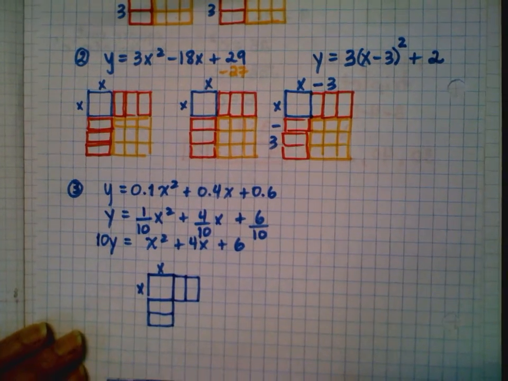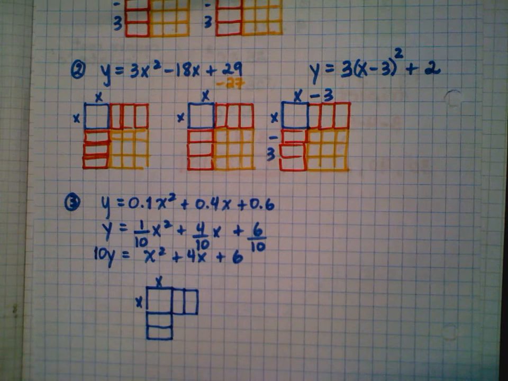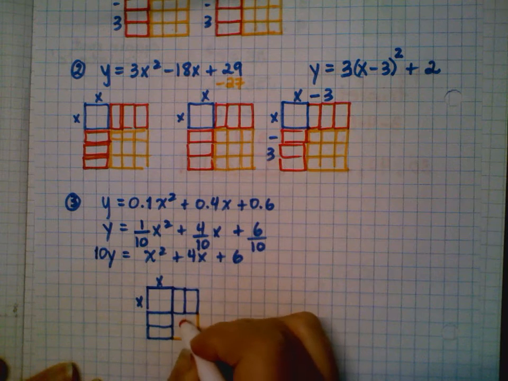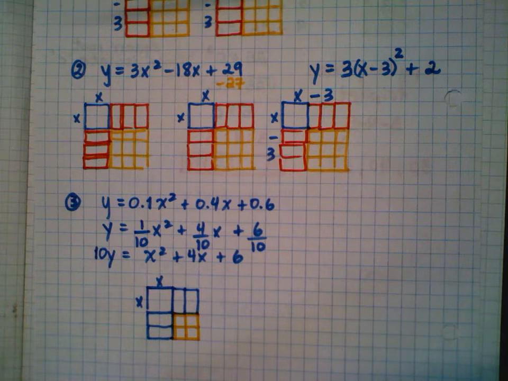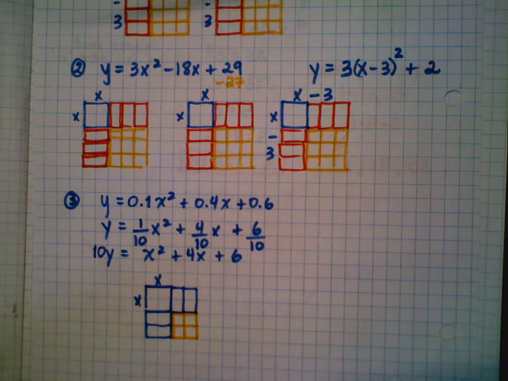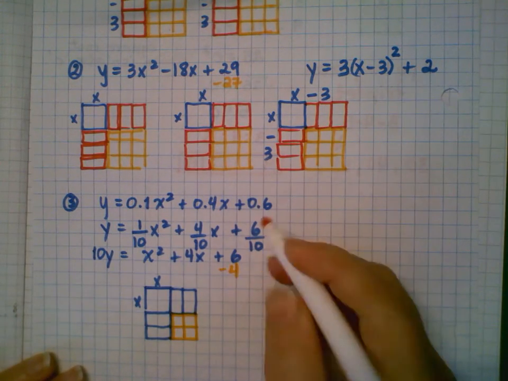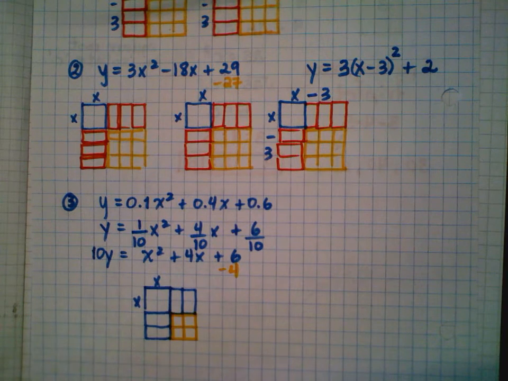There's my 4 x's. And then to complete that square, I would need to add 4 units. Right there on the bottom right. So what I'm doing is, let's go back to my yellow here, minus 4. So out of that 6 that was the constant term, 4 of them have been used to complete this square shape.